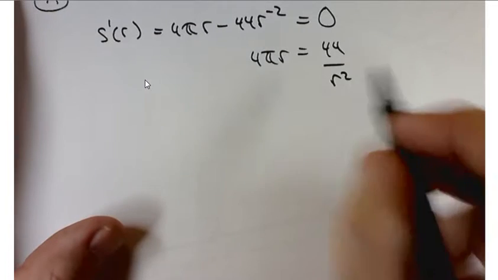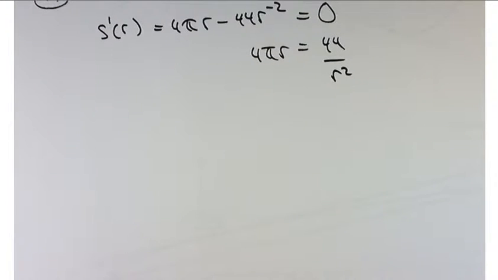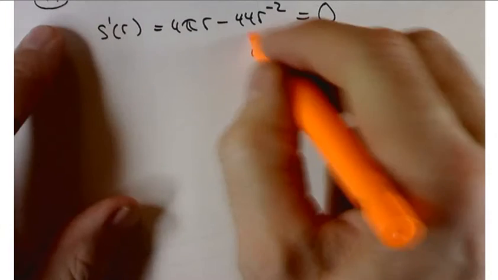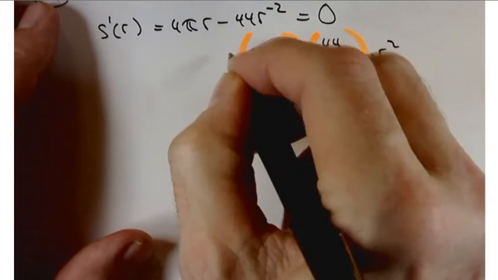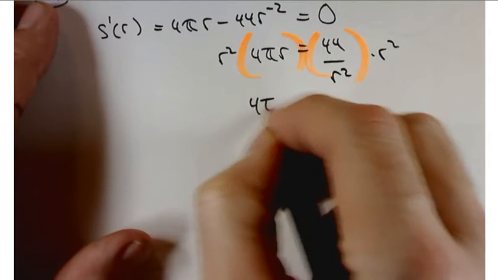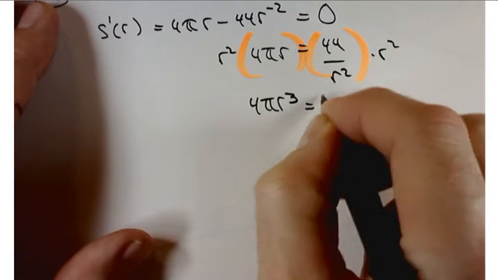I'll multiply both sides by r squared to clear out the denominator there. So times r squared, 4 pi r cubed equals 44.